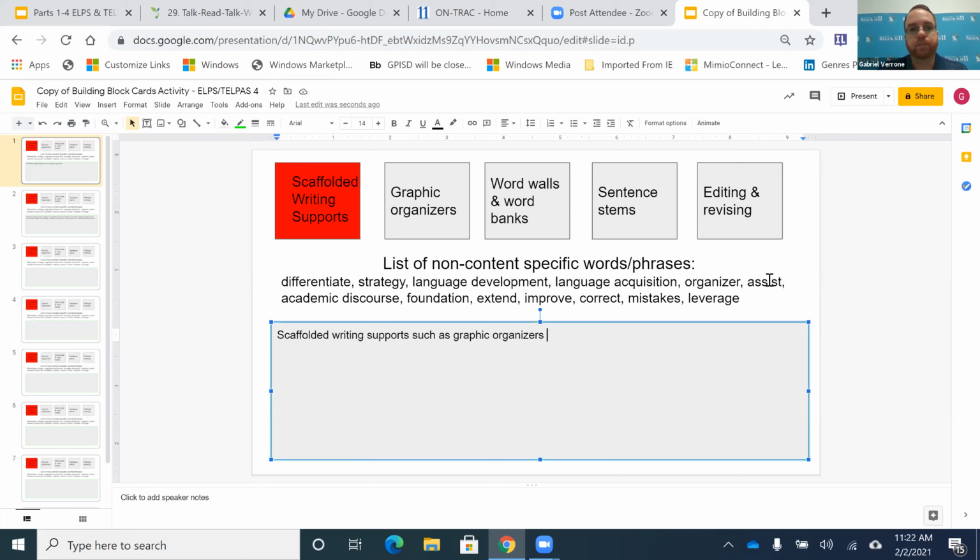I think first is you need to organize. You have to organize. A graphic organizer is an organizer. Okay, so graphic organizer. Strategy to organize. This is okay. Strategies to organize. Okay, that doesn't work.